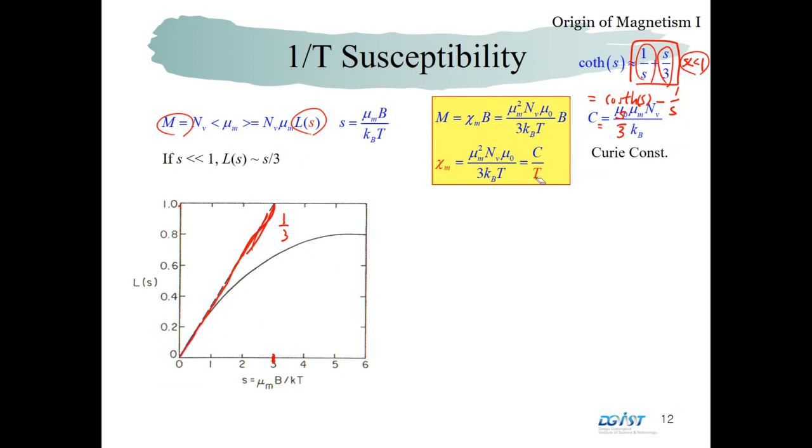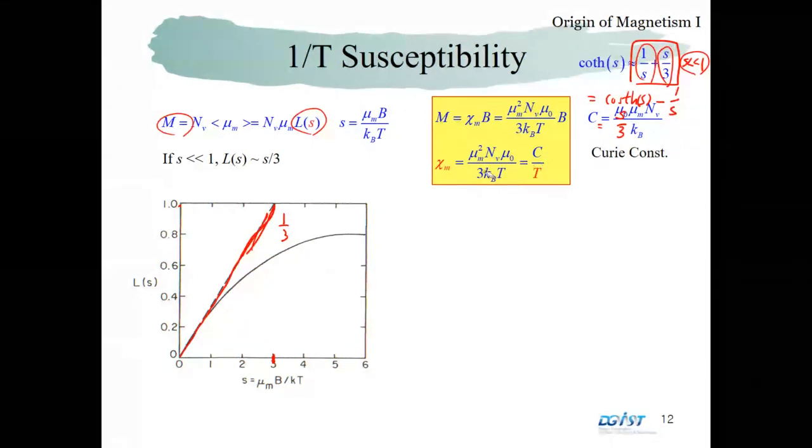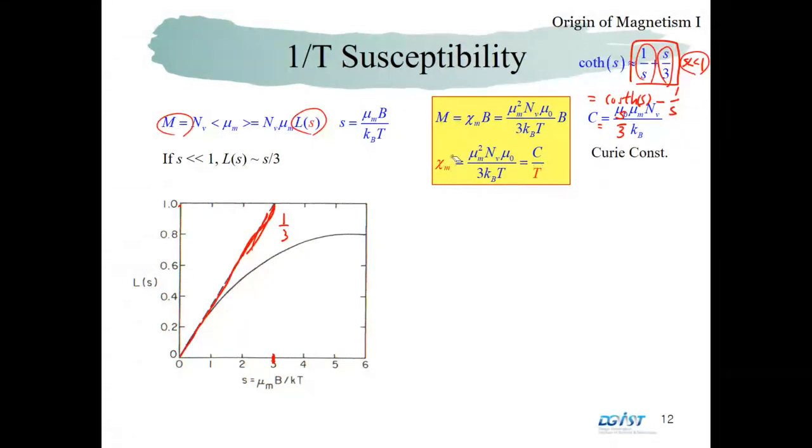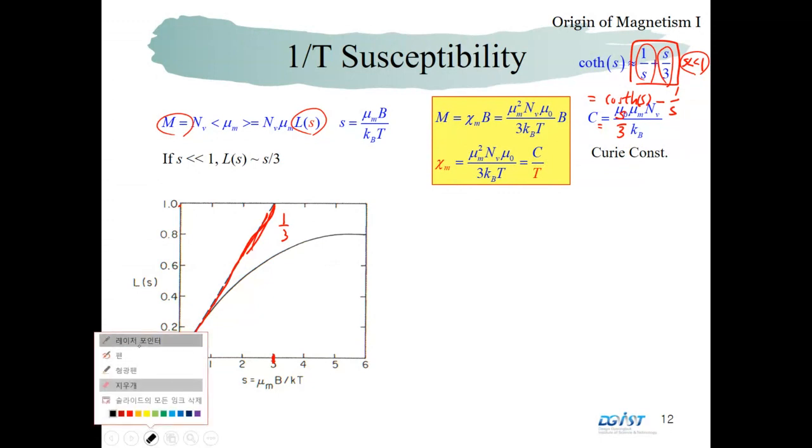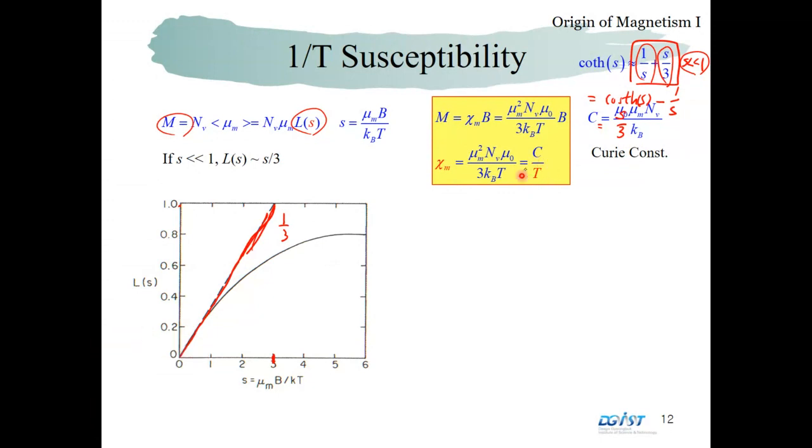Only valid for small s means high temperature. So anyway, if we measure the susceptibility for a paramagnetic material, you can obtain 1/T dependence. That's the important result. If you have a low temperature, the susceptibility gets higher and higher. That means if you apply the magnetic field, you can obtain a larger magnetic moment.